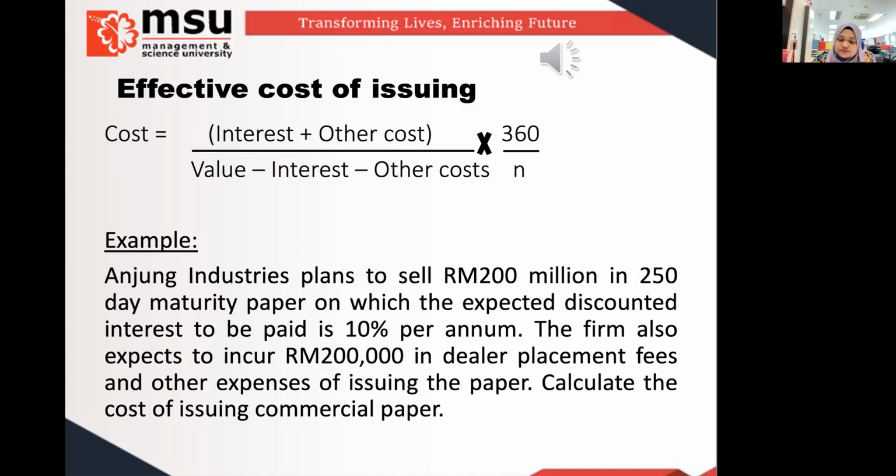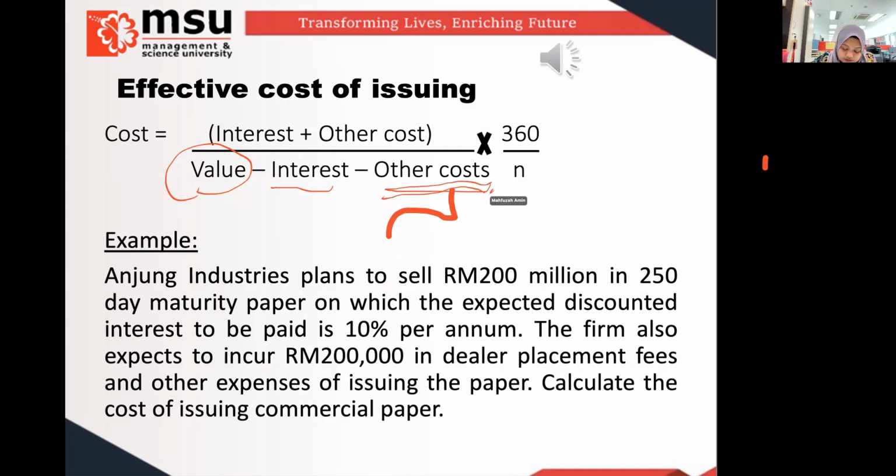The formula is: interest plus other costs, any cost that comes together with issuing the paper, divided by the value of the paper minus the interest and also the other cost.